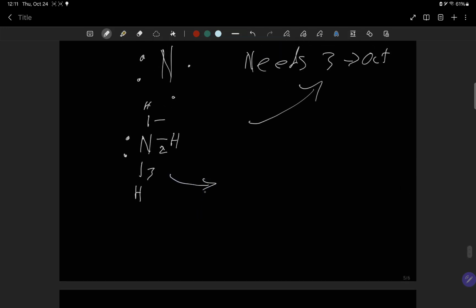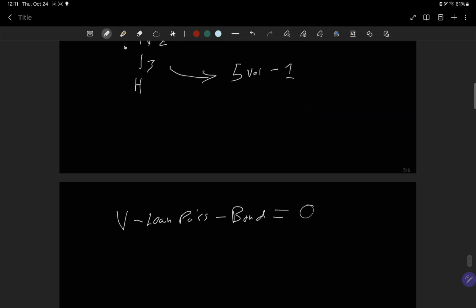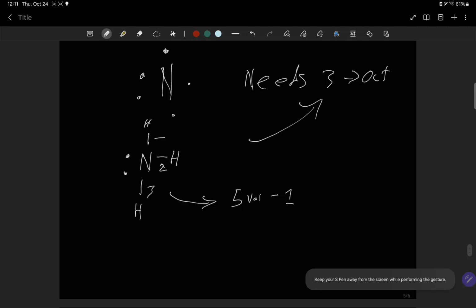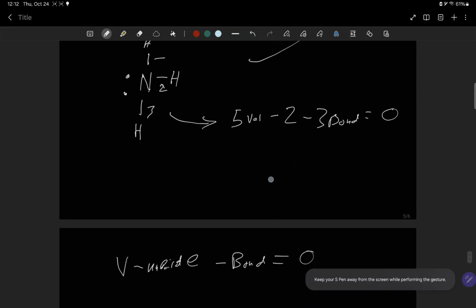So for this case, it's 5 valence electrons, and we have 1 lone pair, or sorry, the number of unpaired electrons. So there's 2 electrons. We have 1, 2, minus 3 bonds. And that equals 0 because we have 1, 2, 3 bonds, then our 1, 2 lone electrons, or unpaired electrons.